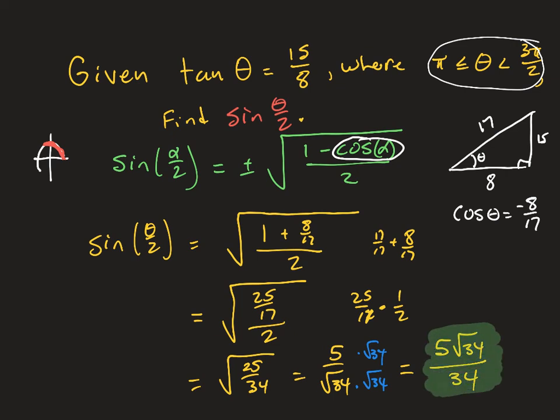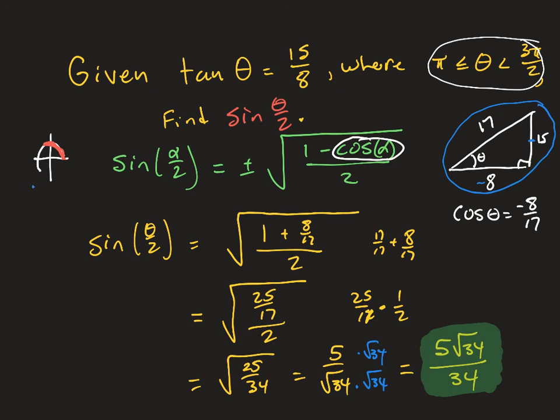Now, I have to point out to you that you have to be careful with your positive and negative signs. So when we did this triangle over here, I didn't put any signs on the values. But really what we know now is that if we're in the third quadrant, both the opposite and the adjacent are negative, and that's how we end up with negative 8 over 17.